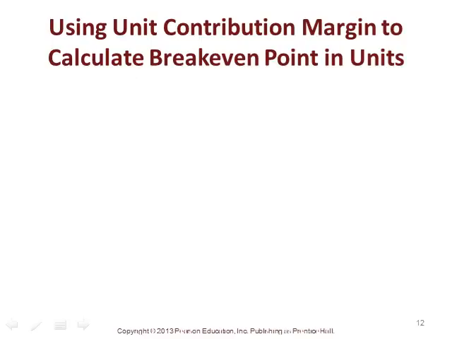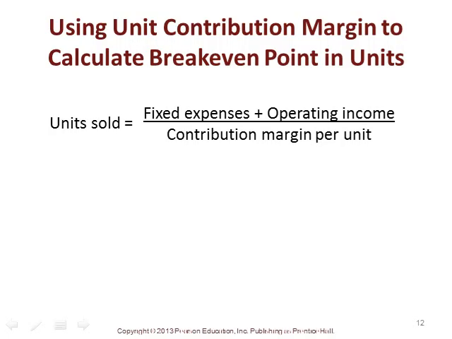So using the unit contribution margin to calculate break-even points in units, right? What we want to understand is, if I know what my unit contribution margin is, how do I translate that into the number of units I need to sell to where I exactly cover my fixed costs but don't generate a profit? So we know that the units sold have to equal the fixed expenses plus the operating income, divided by the contribution margin per unit.